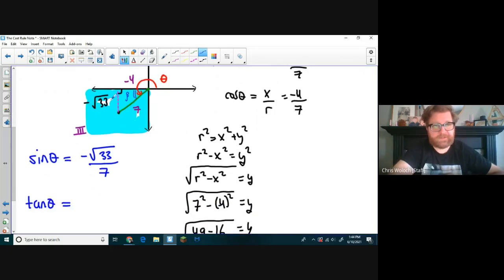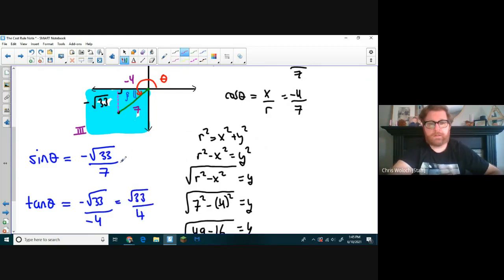And again, tangent is y over x. So it's going to be negative root 33 over negative 4. So then it just becomes positive. And that is it for the question. Okay. Because all it wanted was just the ratios. All right.